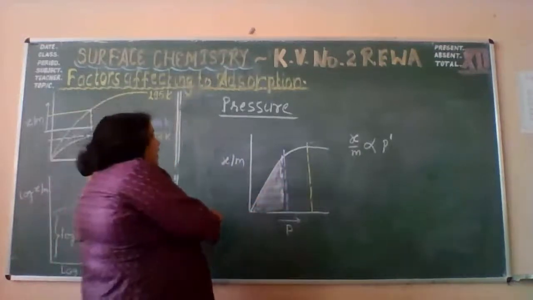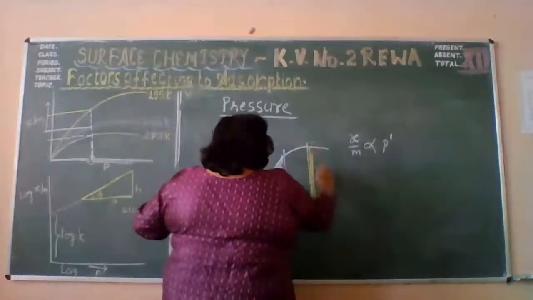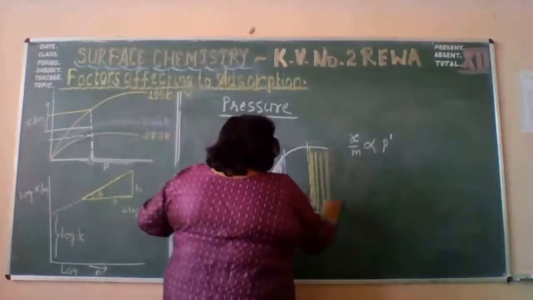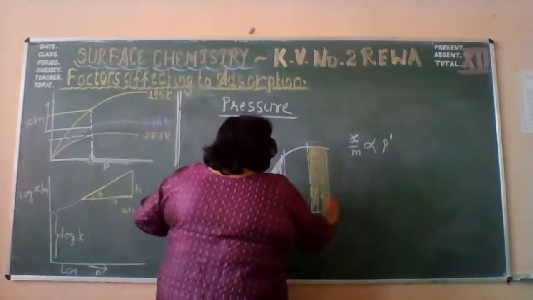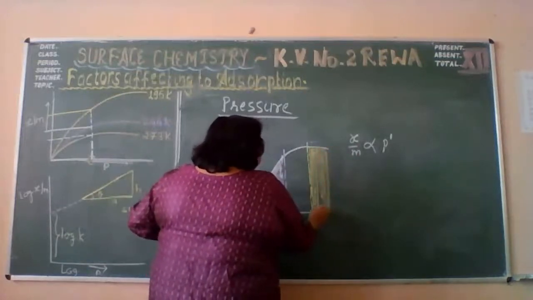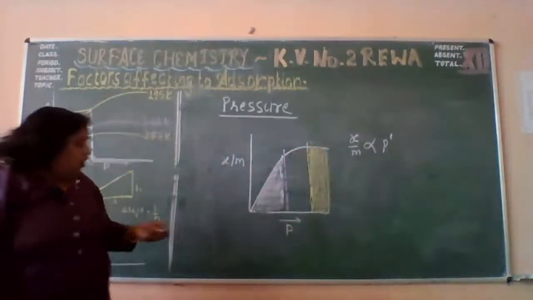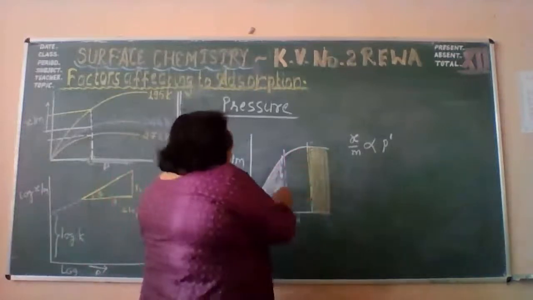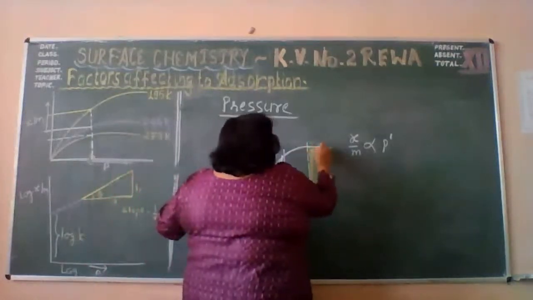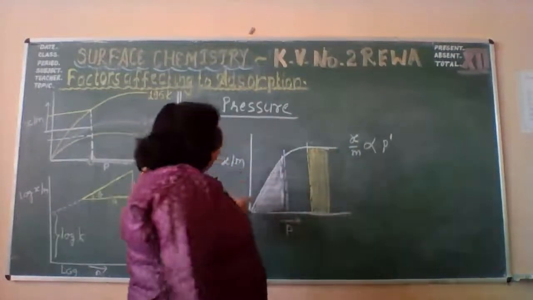And here at this area, what you can see, this area that is shaded by the yellow color. What you are observing here, at this place, do you find the change? No. You all can see that this area here, it is a straight line. This is parallel to the P, right?